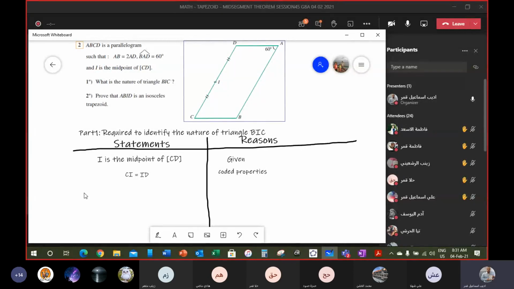مين بيكمل؟ استاذ فيني أنا أكمل؟ شو يا حلا؟ BC is the base. Base of what?